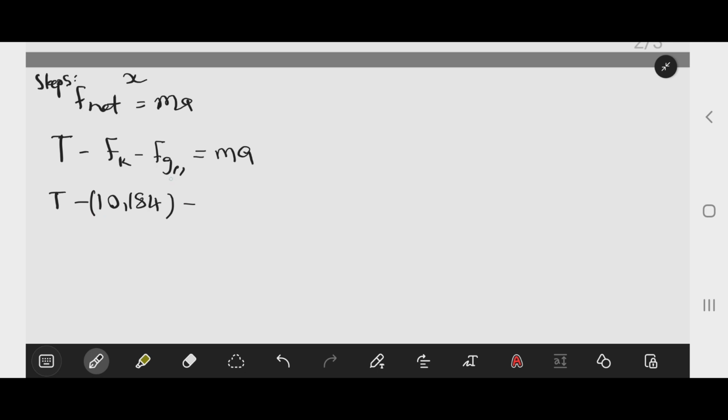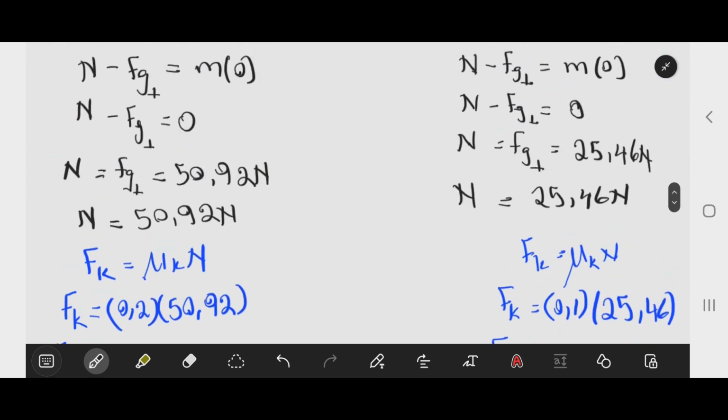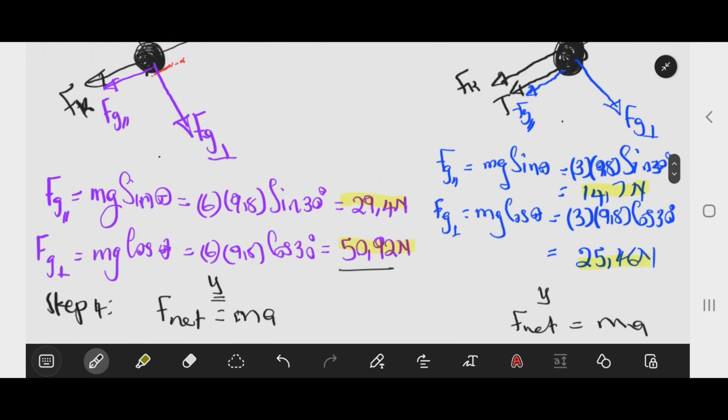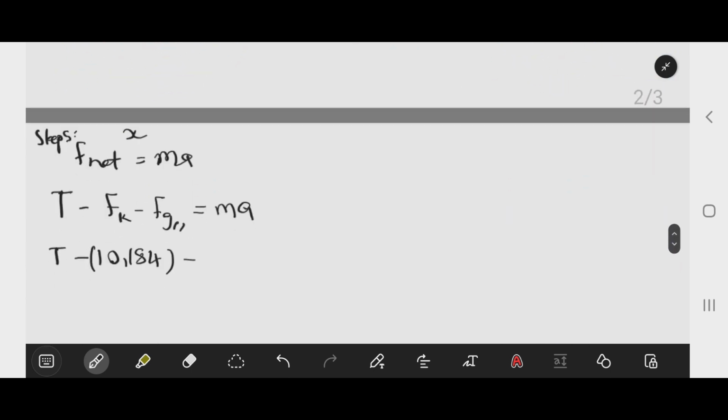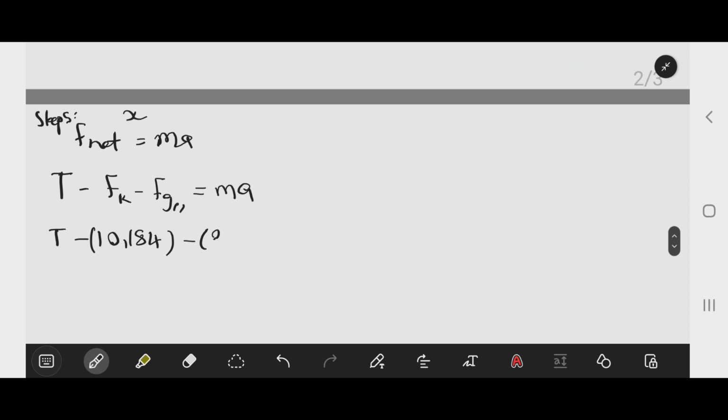Minus Fg parallel, and Fg parallel we have calculated in step number 3 where we were resolving. Fg parallel is 29.4, okay, and that would be 29.4, and that is equal to the mass of the object, 6 kg, multiplied by the acceleration, okay.